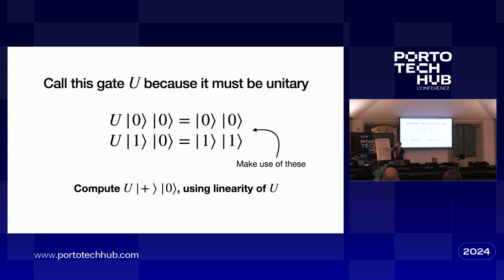Now, how did U act on |0,0>? Well, we just said it produces |0,0>. How did U act on |1,0>?